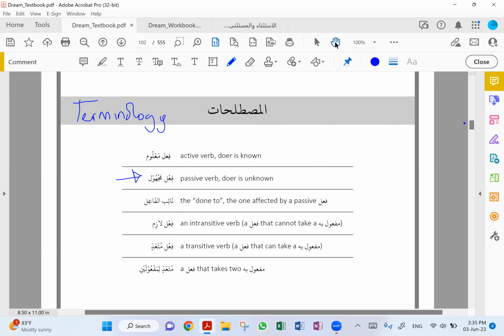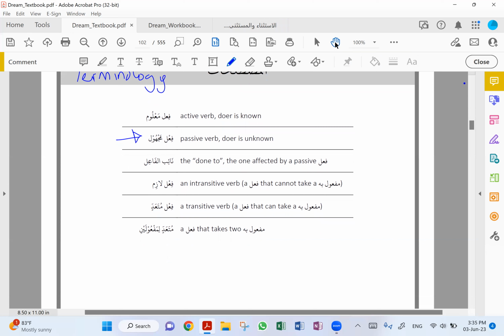Then we have fi'al lazim. So a fi'al lazim is an intransitive verb, which means basically it's a fi'al that cannot take a maf'ul bihi. For example, if I said I slept, I cannot add a maf'ul bihi to I slept. I cannot say I slept you.